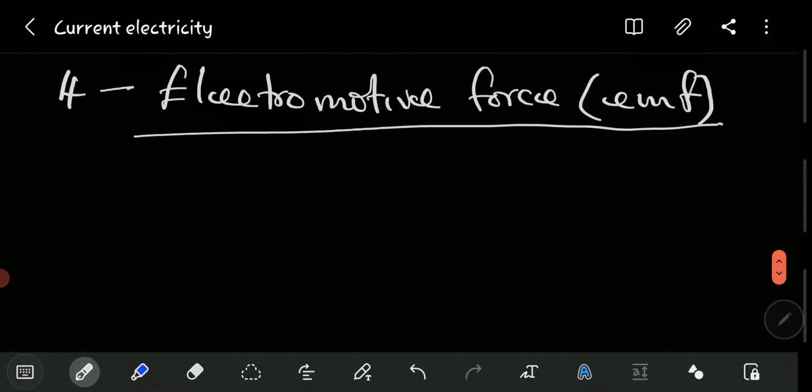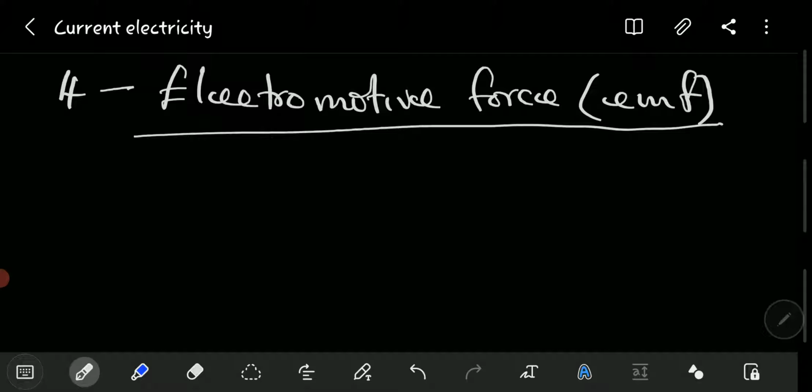All right, now, what is electromotive force? Electromotive force is not really a force, okay? The term force may prompt one to say it is the force needed. No, it's not the force. It's actually the work.